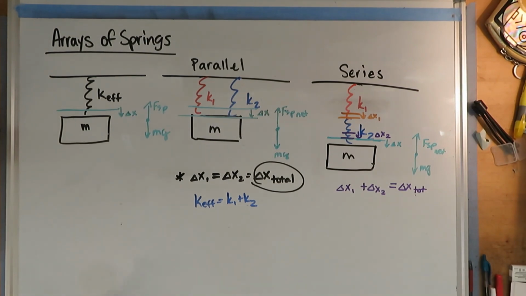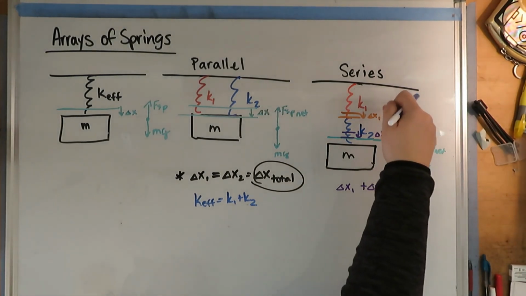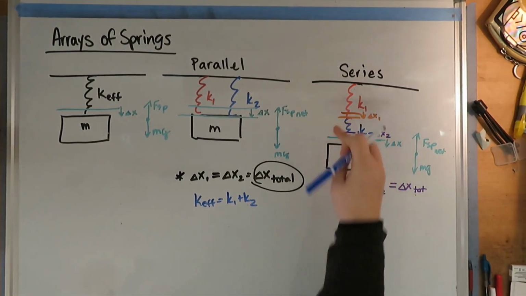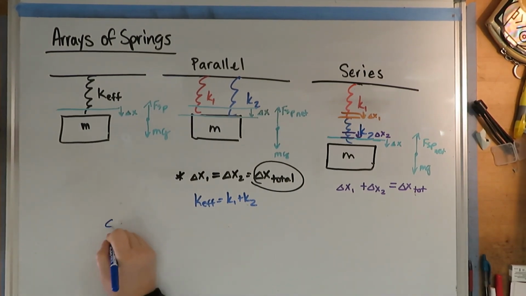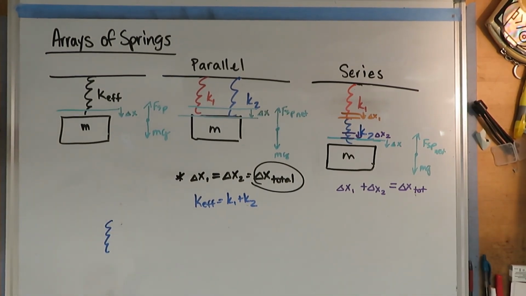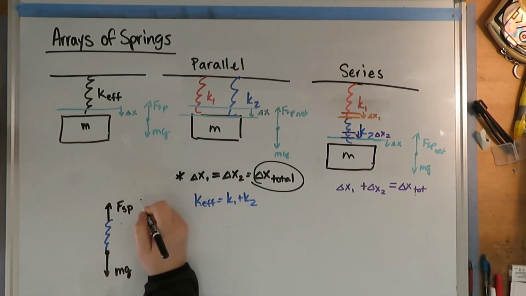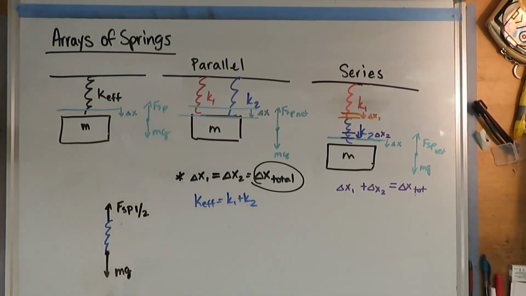And the only way that works is that the spring is in equilibrium. So if we look at what's going on with this middle spring, here's this middle spring here. This middle spring on the bottom has gravitational force pulling down, and it has the spring force of spring 1 acting on spring 2 pulling up on it.